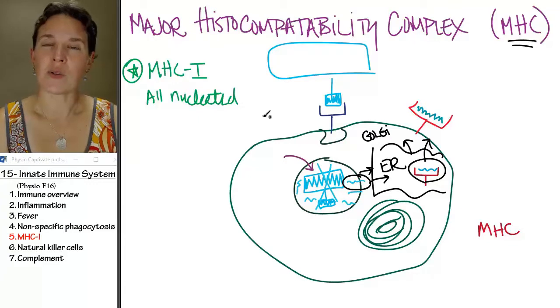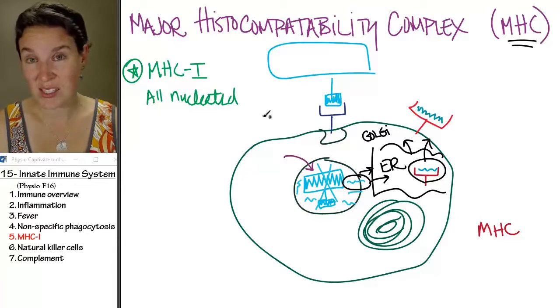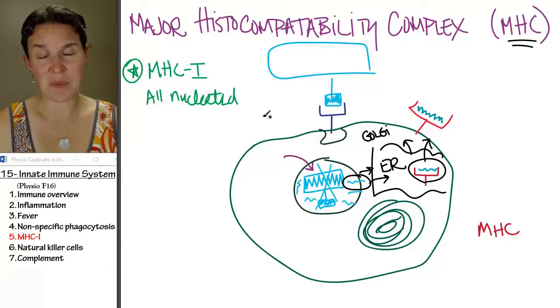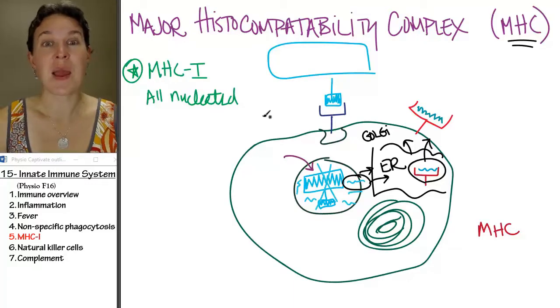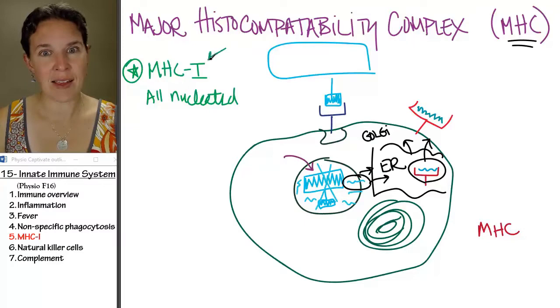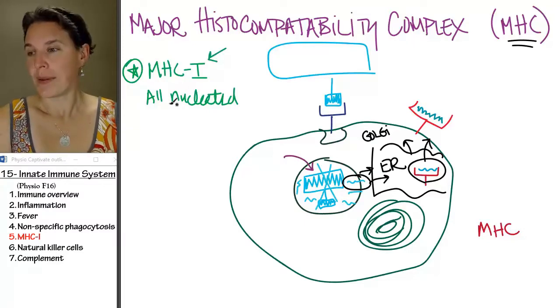Also, when you get some sort of organ transplant, you have to go on anti-immune system drugs to tell your own immune system to chill its jets, because you're putting in something that isn't you. Most healthy immune systems will attack that thing that isn't you, because they will recognize that MHC1 doesn't belong to me.